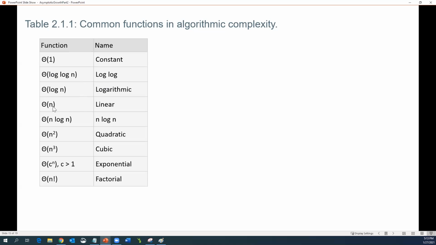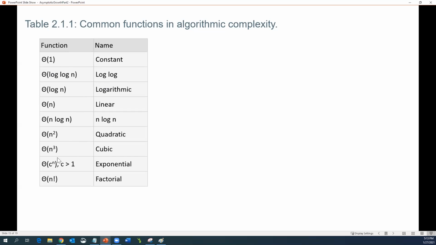N by itself is a line, and so that grows faster than a log. So any functions that are theta of this or theta of that, we can get the idea: something that's theta of n is going to grow faster than something that's theta of 1.